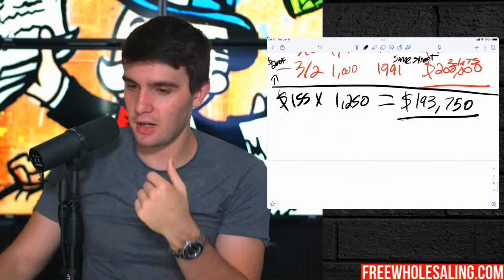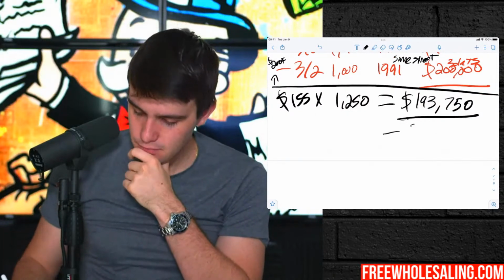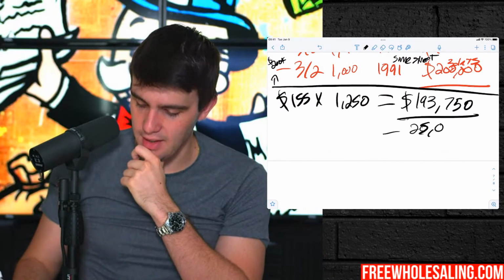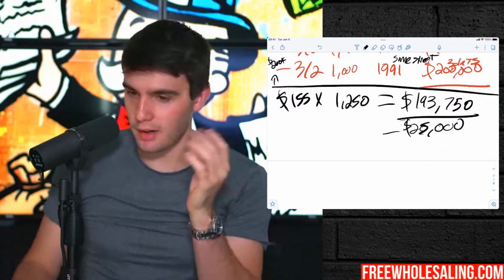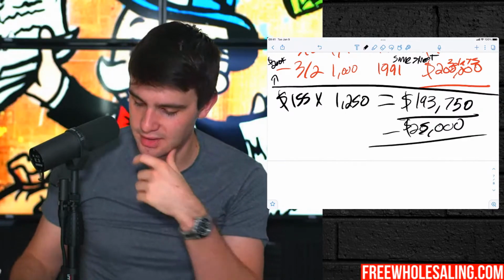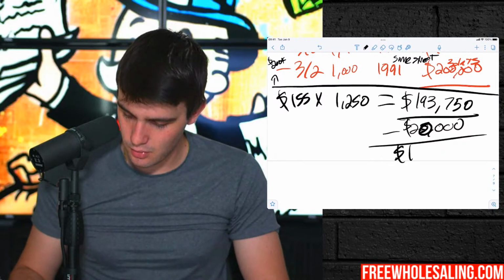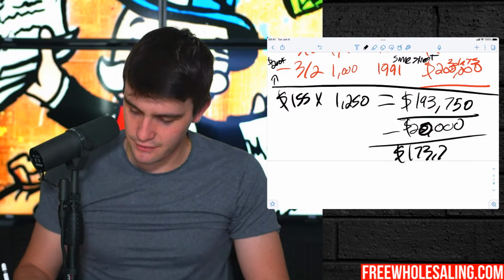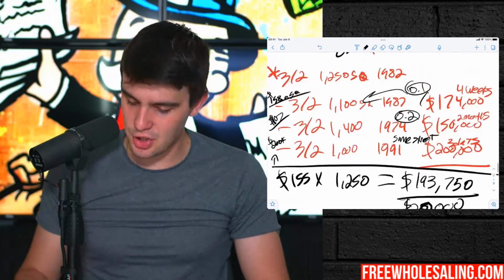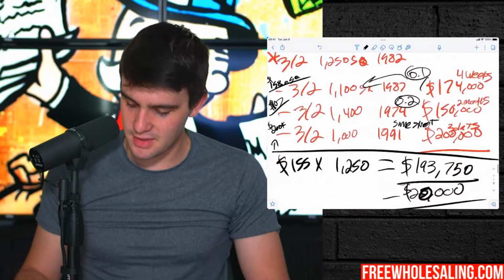So if you find out where the repairs are, let's say the repairs are going to be 25K, right? There's a repair cost calculator at freewholesaling.com. Just call it 20, I'll make it easier for my math. 173,750. Look in our handy dandy chart. We're going to use 80% on that.